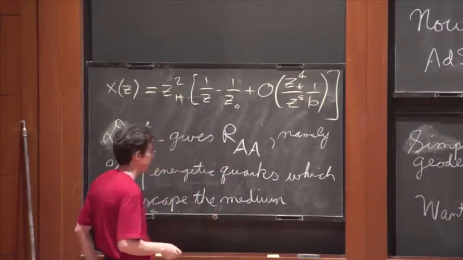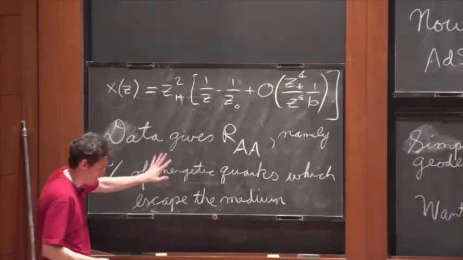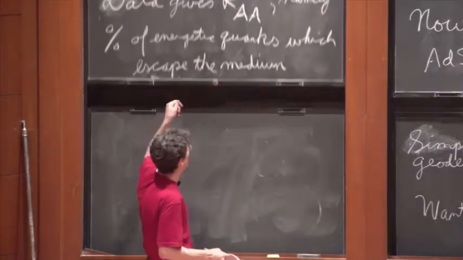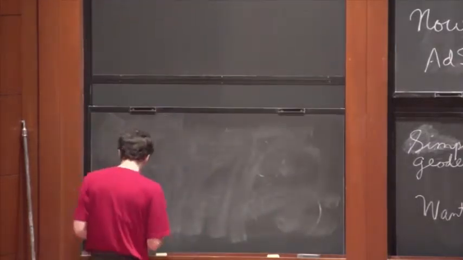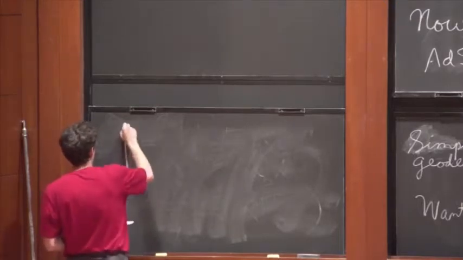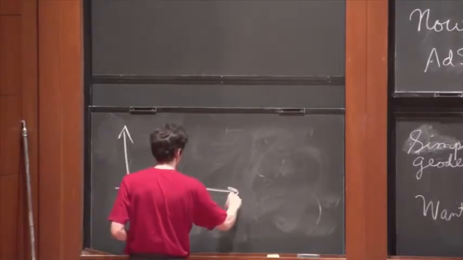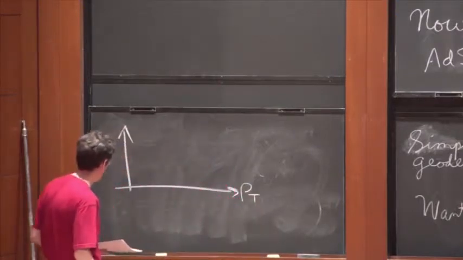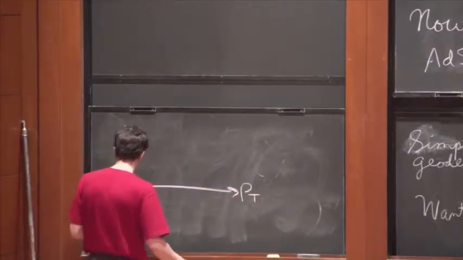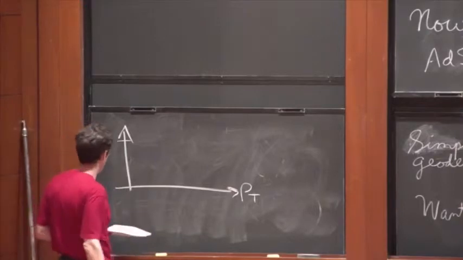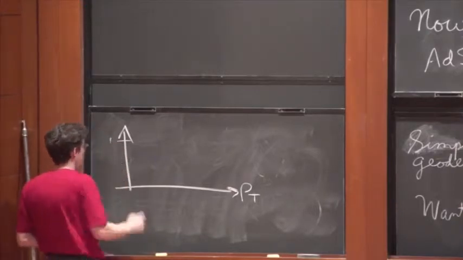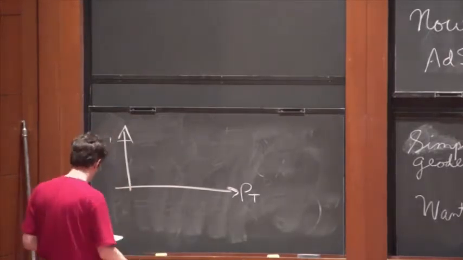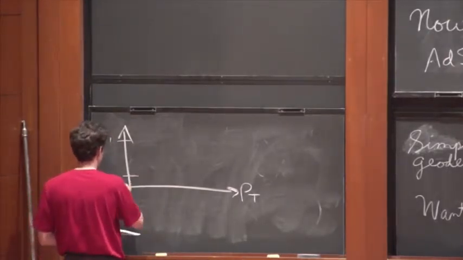Its precise definition is a bit different from that, but this is good enough. It's given as a function of the transverse momentum of the quark, and you're usually looking at things that come out almost at right angles to the beamline, because that's where your detectors sit.